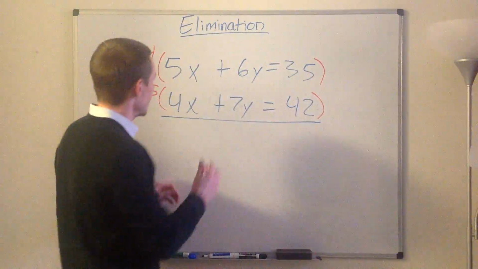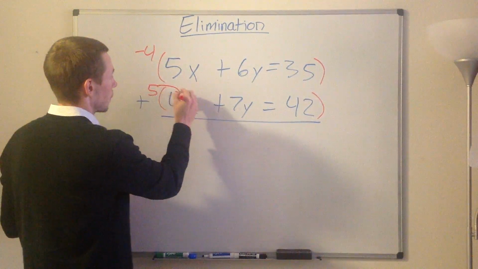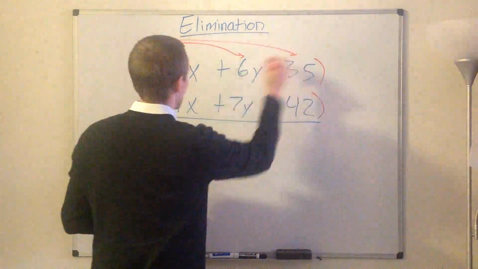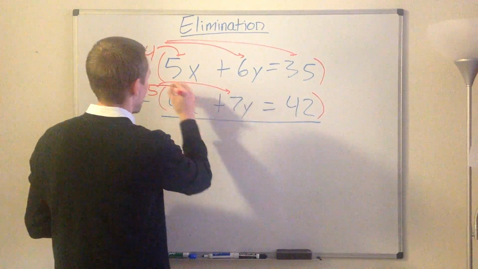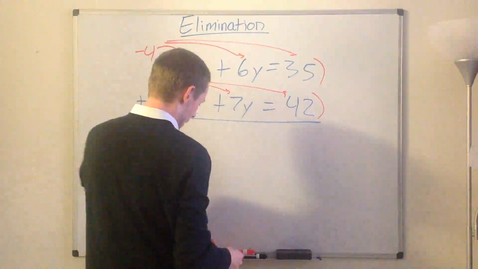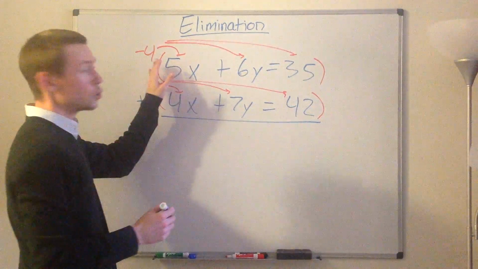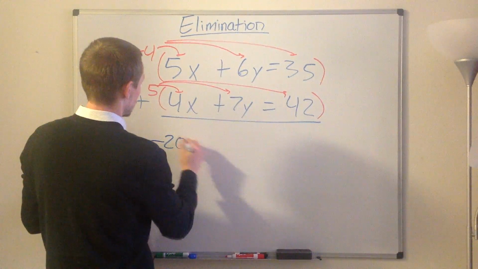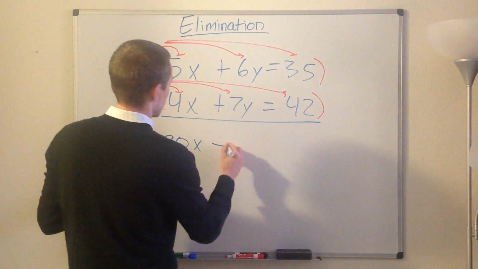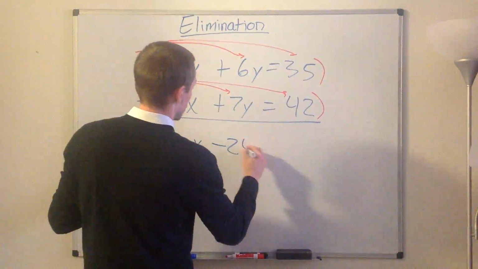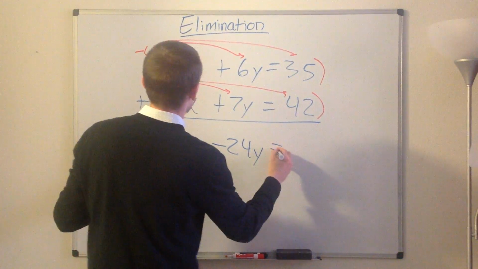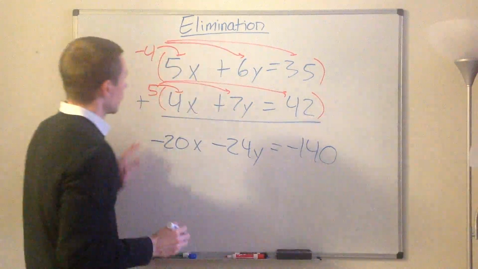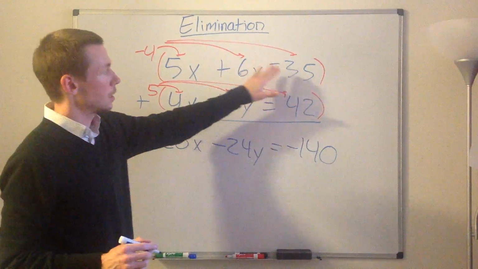So now, if I multiply through, I'm going to get a new top equation that is, I just multiplied 5 through to each number.